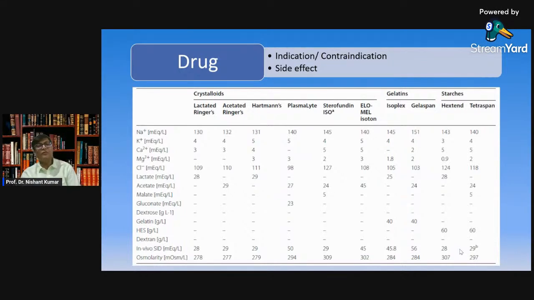The choice of the fluid will depend on the patient's underlying pathology, underlying electrolyte imbalance, the fluid status of the patient, and the stage at which the patient presents, as we'll discuss a bit later.